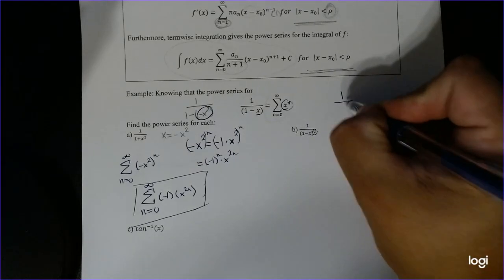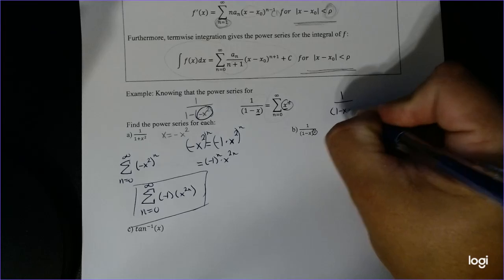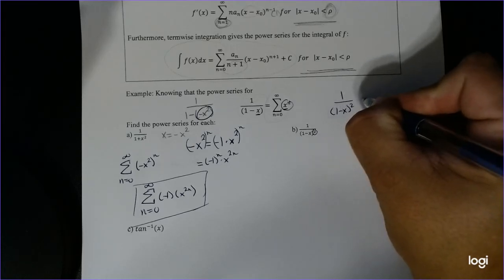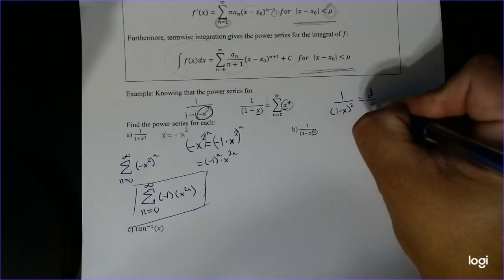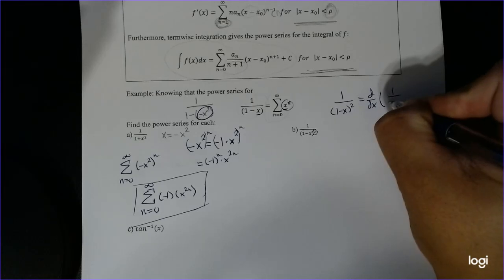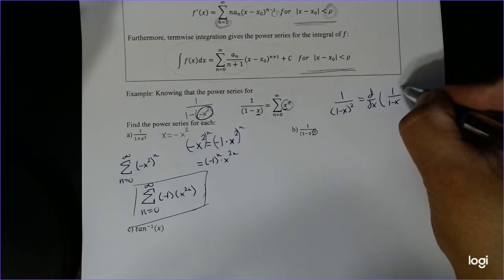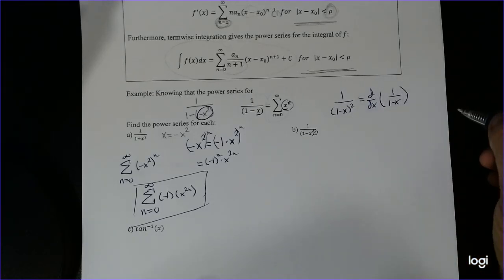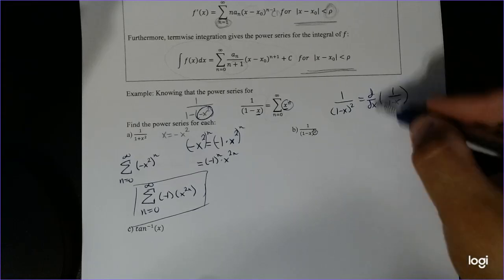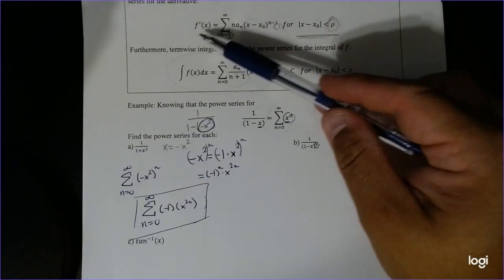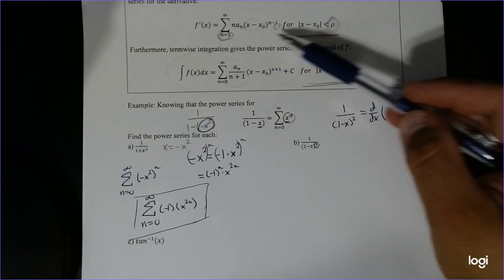In other words, 1 over 1 minus x squared is equal to the derivative of this. Okay, so if this is the derivative, therefore I could follow this process.